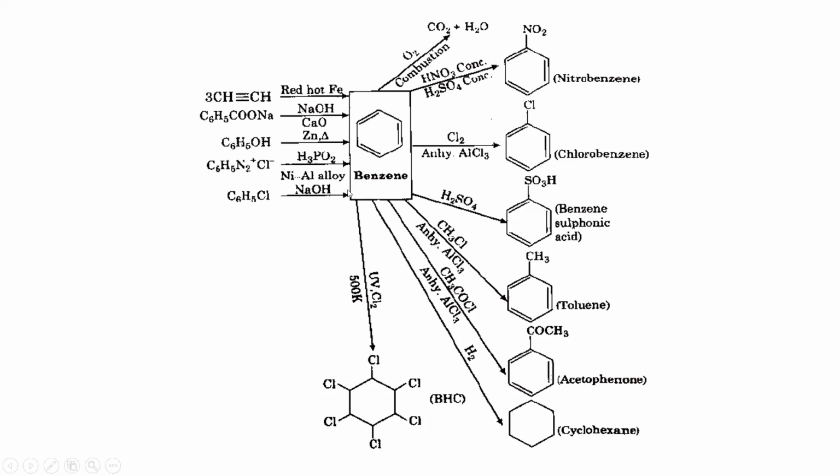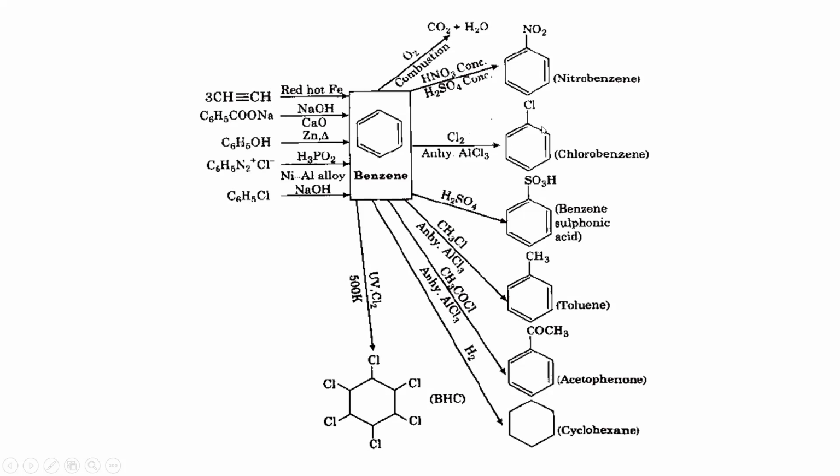Now more on benzene. These are the preparations of benzene: from alkyne, from aromatic acids, from aromatic alcohol, that is phenol, from benzene diazonium chloride, and from chlorobenzene, how we can obtain benzene.